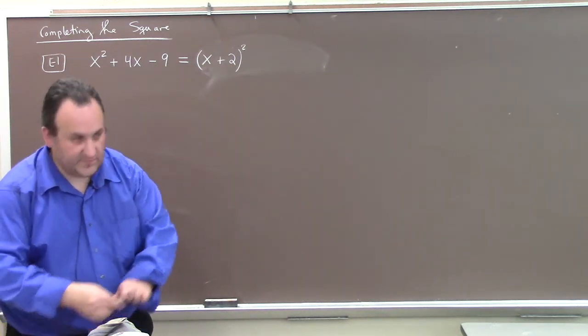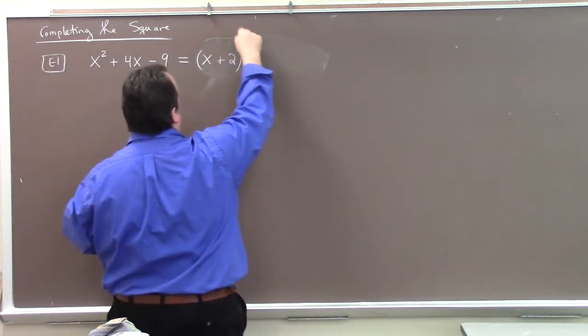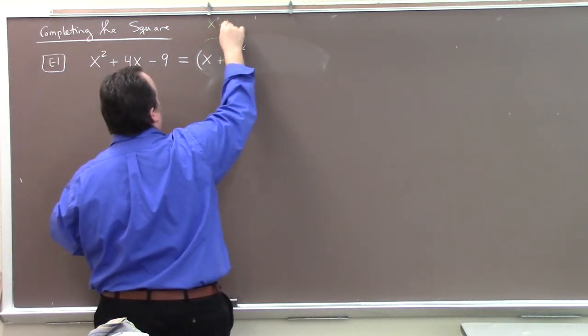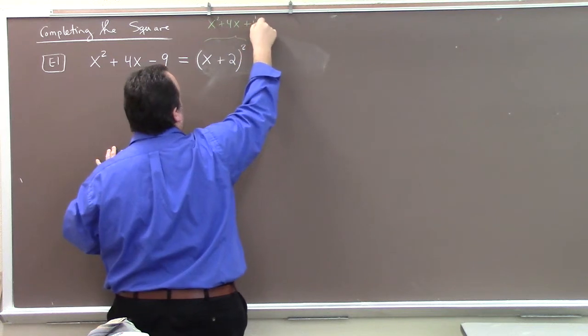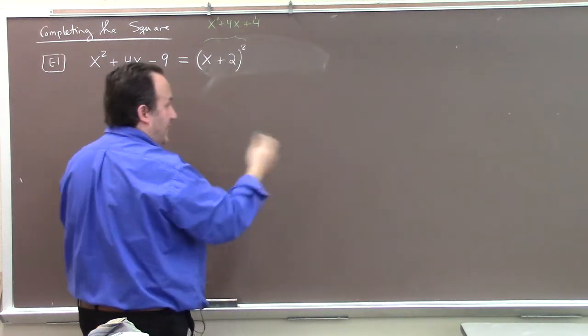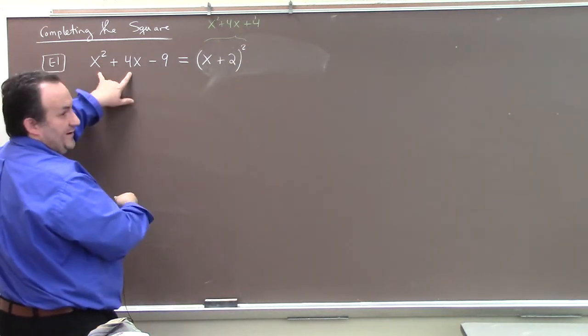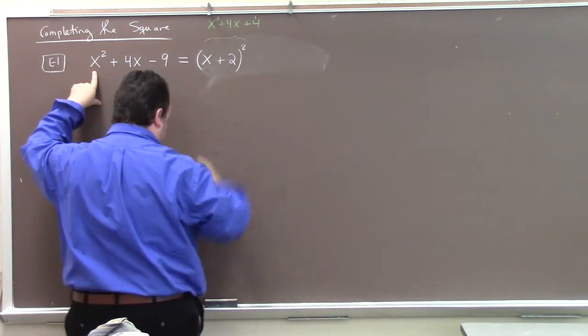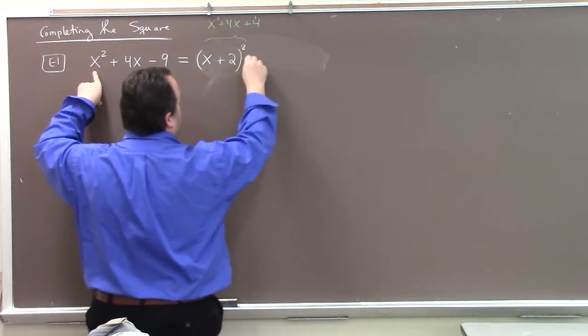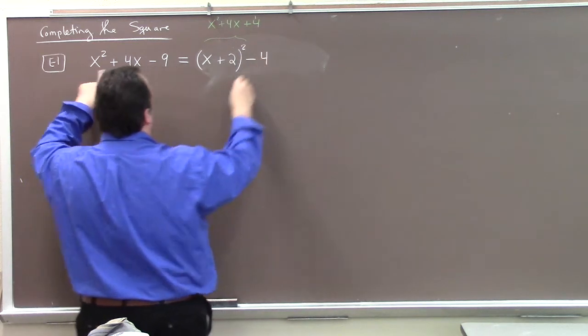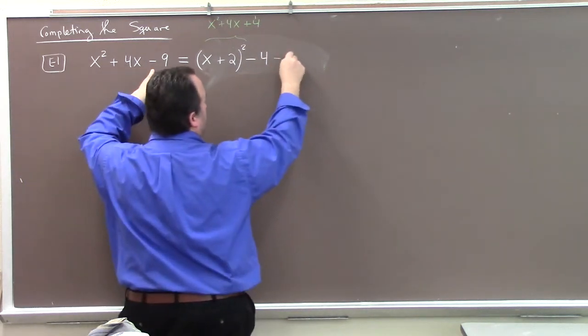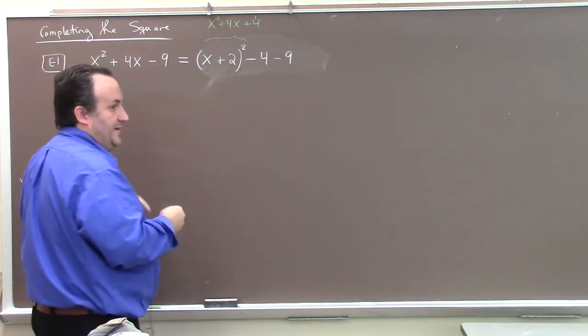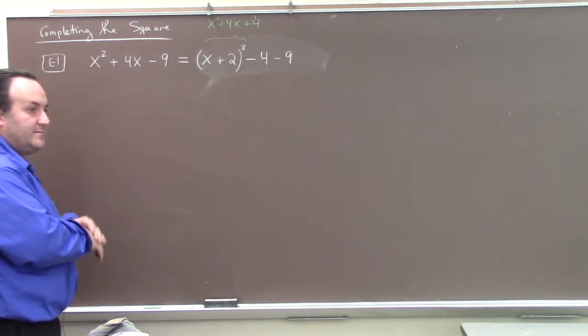This quantity right here is literally x squared plus 4x plus 4, right? Now, do I have x squared plus 4x plus 4 over here? I do not, right? I just have x squared plus 4x. So to be fair, I have to subtract 4. And I still got the minus 9, right?